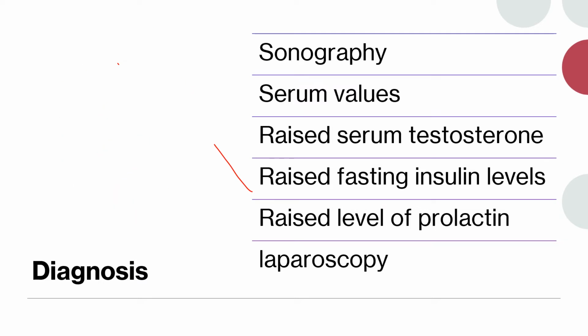Next is a raised level of fasting insulin and raised serum testosterone, that is beyond 150 nanogram per dl.